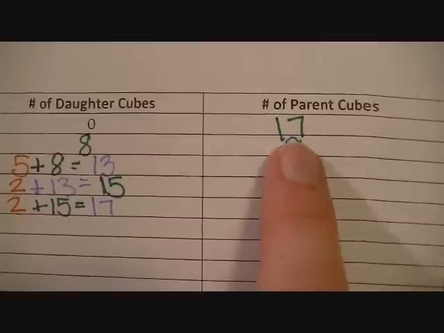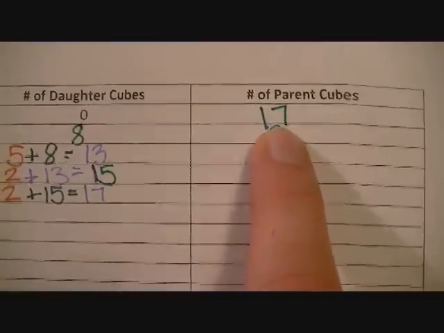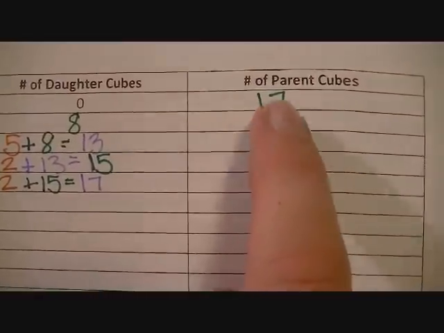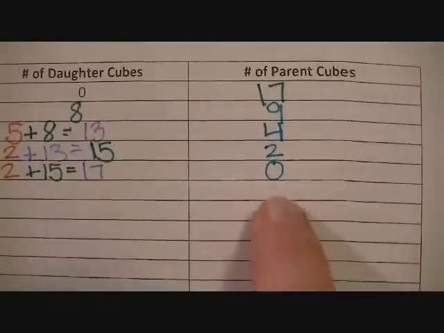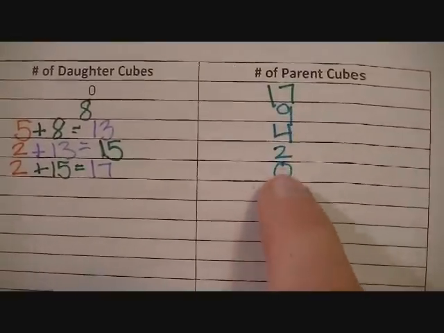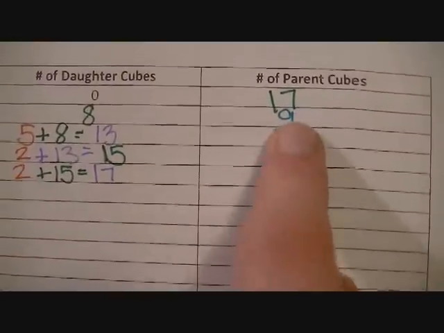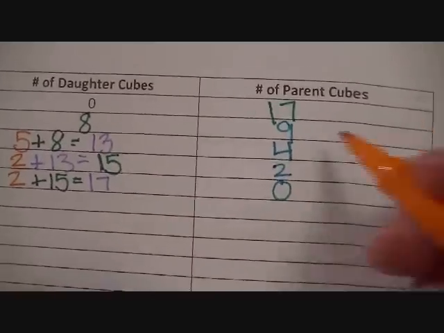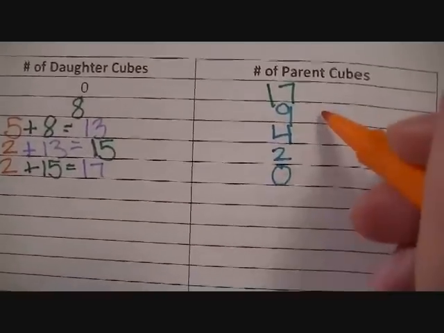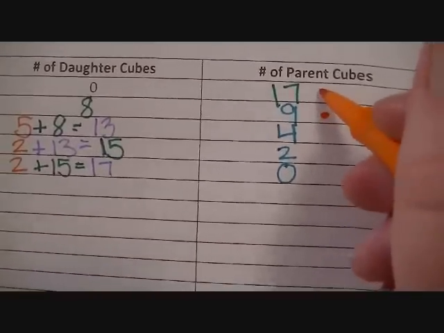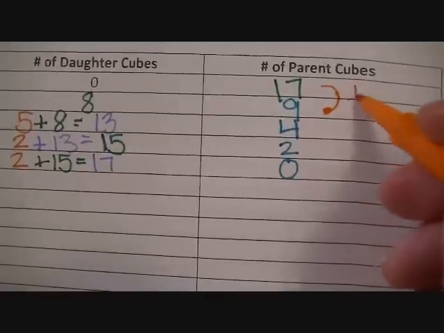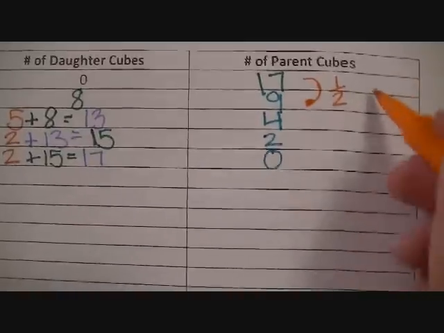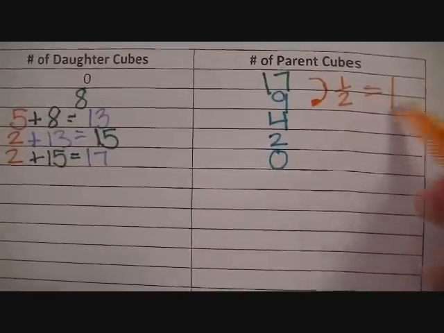So I have 17 starting off. Half of 17 is 8.5. So I'm going to go down and find something that's very close to 8.5. For me, it happens to be 9. So 8.5, this is about half. So this is also equal to 1 trial.